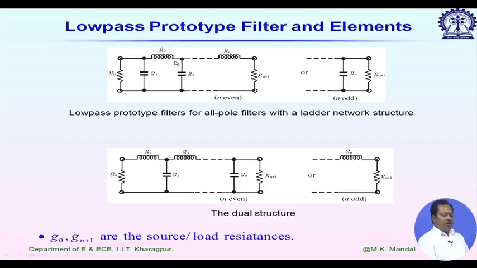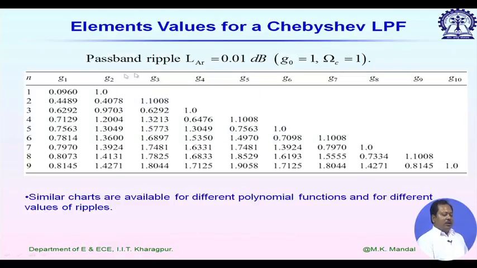So, if I want to improve the selectivity, that means the attenuation roll off, in that case we have to increase the number of sections, or increase the order of the filter. So, we have to use more elements. This table shows values up to g equal to 10. g0 is equal to 1, and omega c is considered as 1; they are all normalized values.